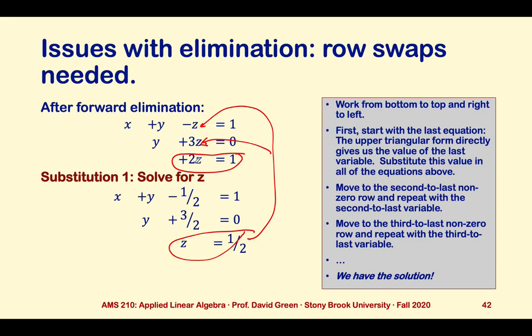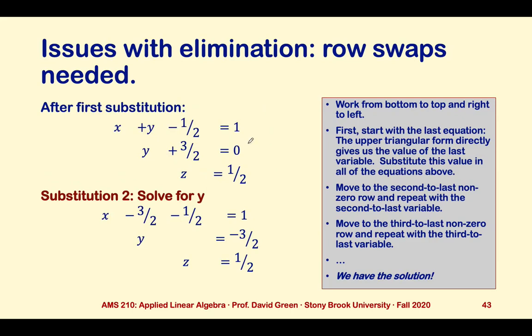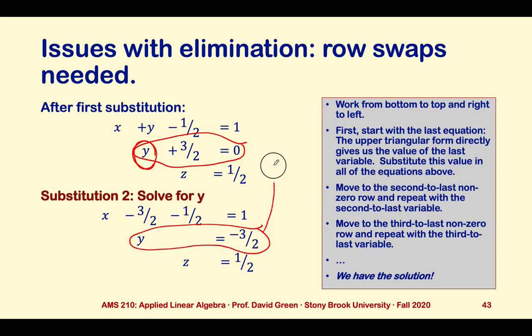Negative z is negative half, 3z is 3 halves. We then shift our attention upward to the next equation and focus on the pivot, which is to the left. Again, solve for that value. Y plus 3 halves equals 0 means y must equal negative 3 halves.